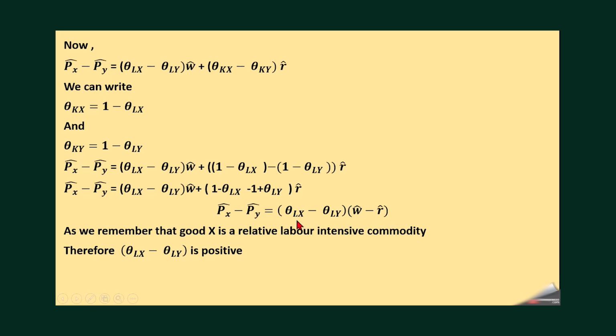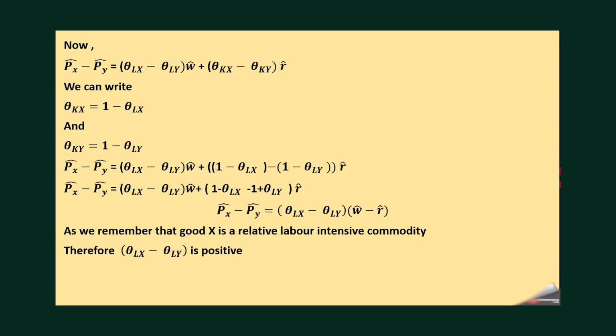Remember, theta LX is nothing but the factor intensity of good X and theta LY is the factor intensity of good Y. In our example, good X was a relatively labor intensive good, whereas good Y is a relatively capital intensive good. That is, ALX by AKX was greater than ALY by AKY.